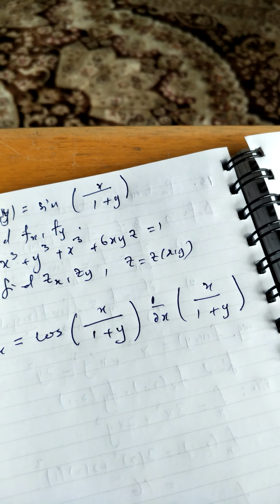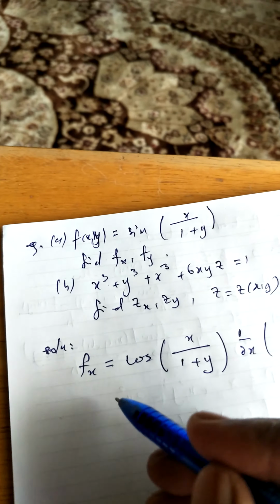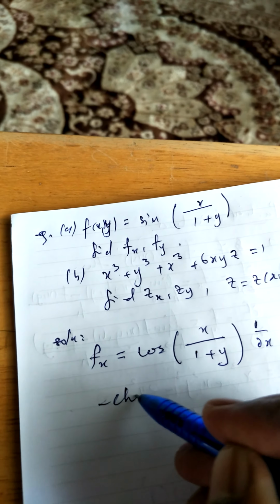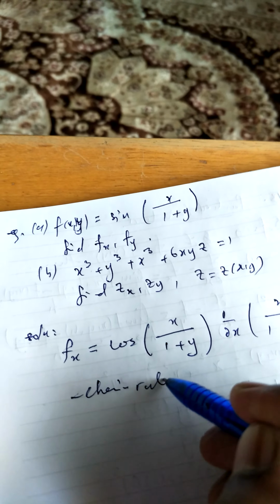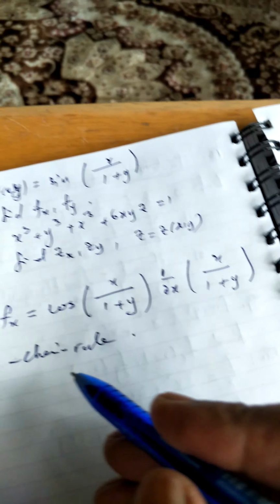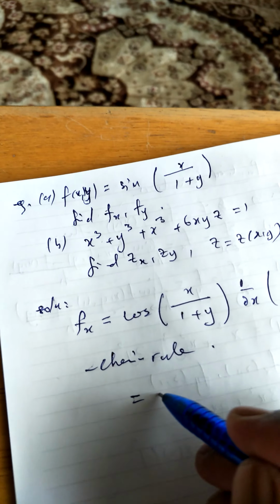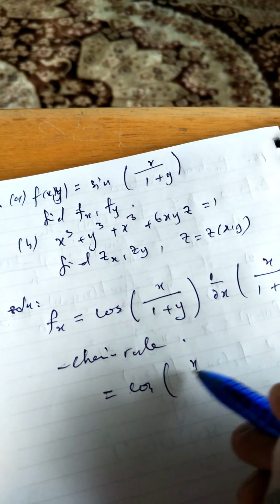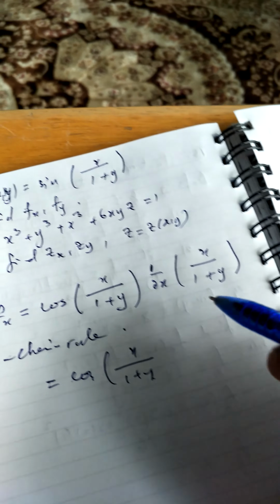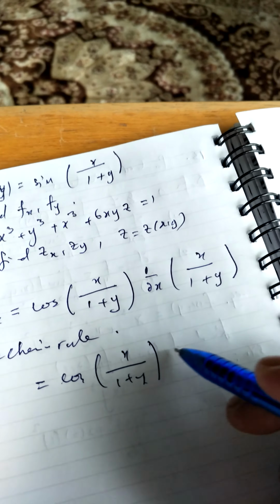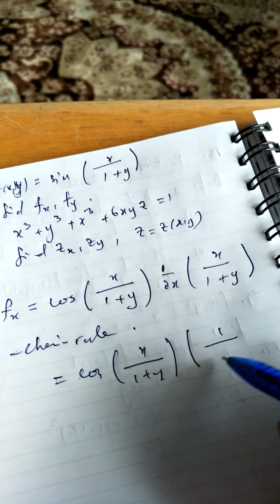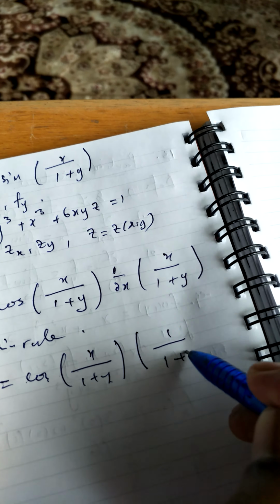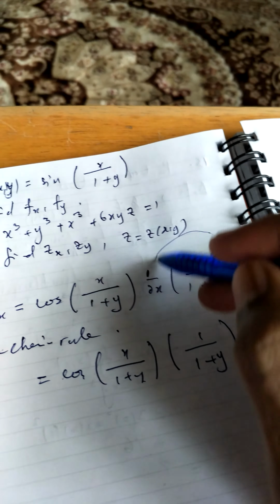We use the chain rule here. So simplify that, you have cos of x over 1 plus y times 1 over 1 plus y, that we differentiate.